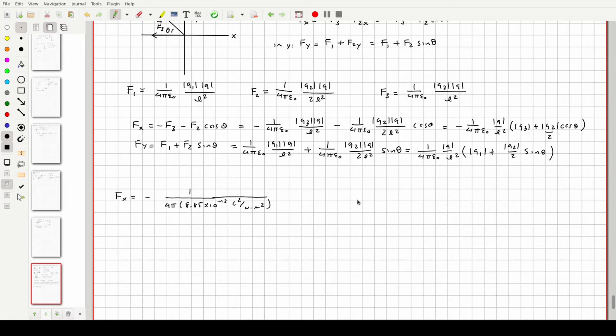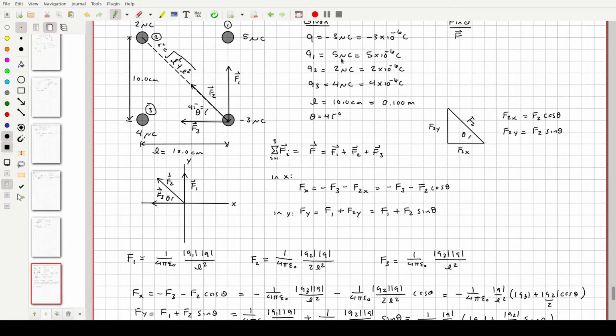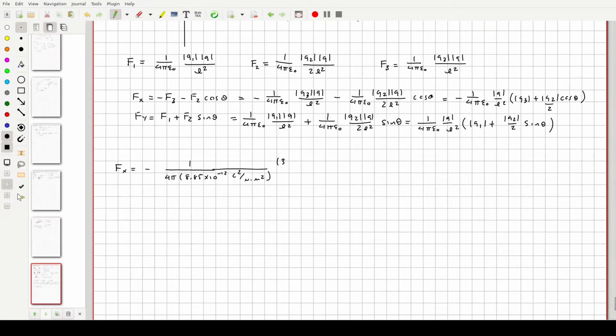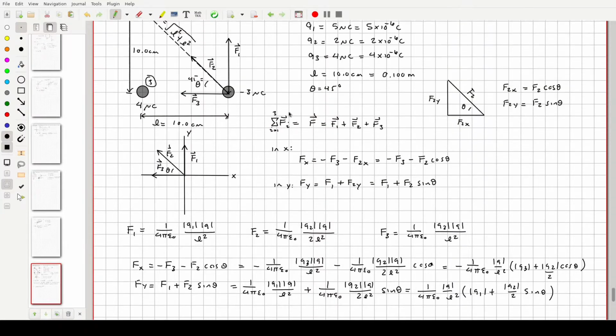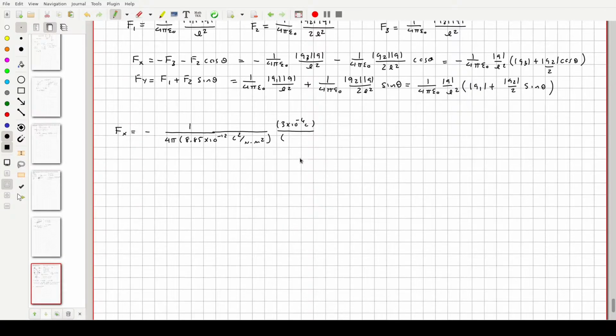And then you have a Q. Remember, it's the absolute magnitude of Q, and Q itself is 3 times 10 to the minus 6 coulombs. So that's Q. You have an L squared here. L, if you remember, is 10 centimeters or 0.100 meters. That's squared.